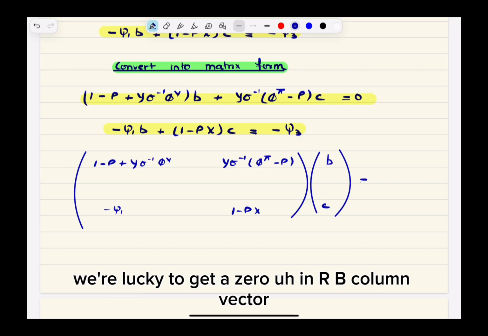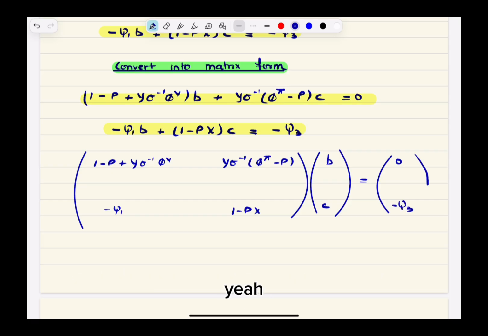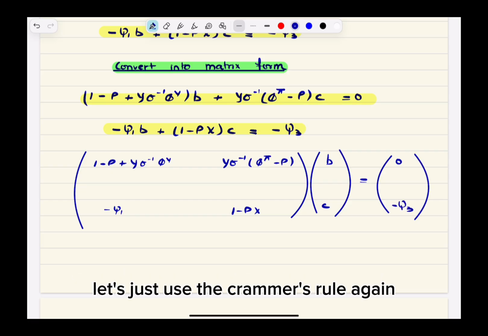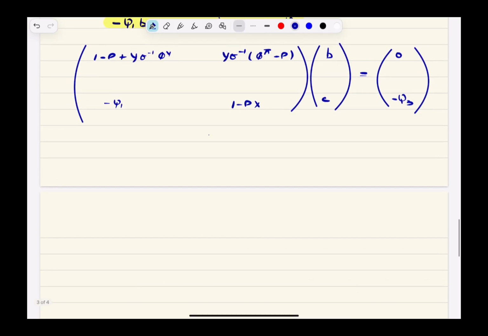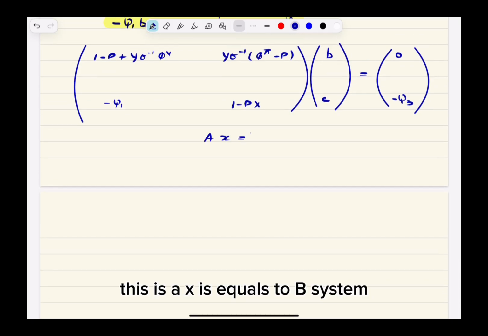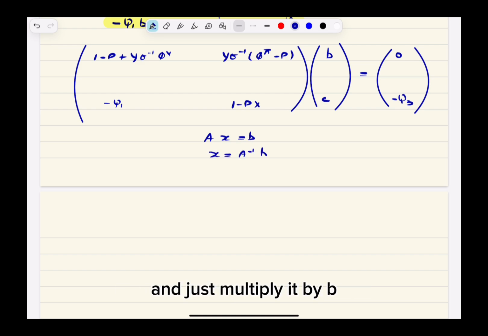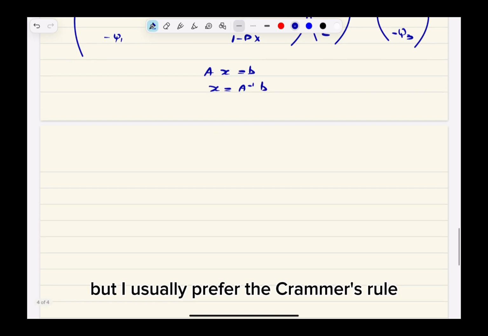We are lucky to get a 0 in our B column vector. Yeah, let's just use the Cramer's rule again instead of taking the inverse. This is a AX equals B system. We can actually take the inverse and just multiply it by B, but I usually prefer the Cramer's rule.